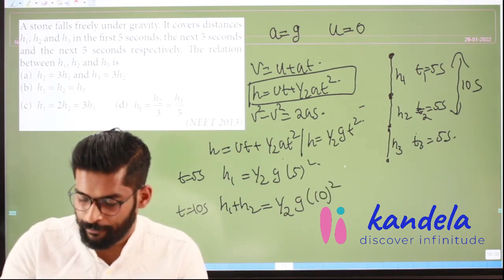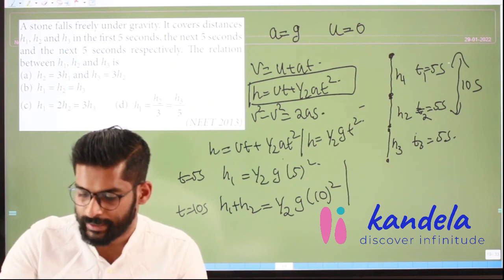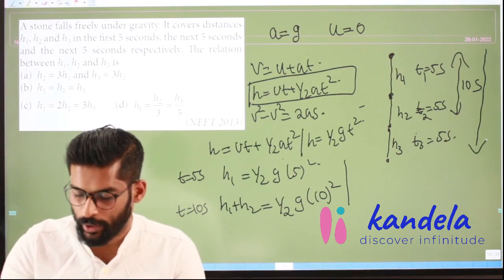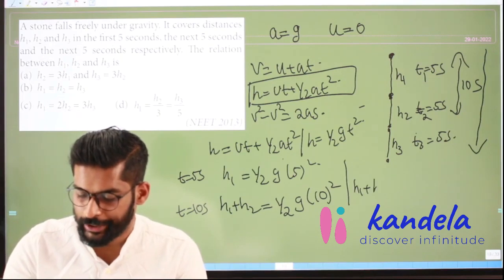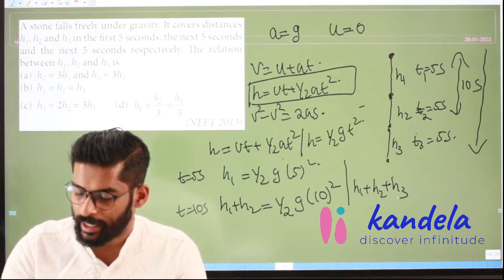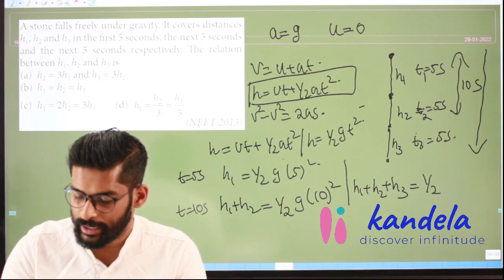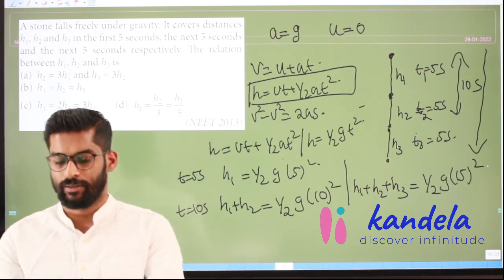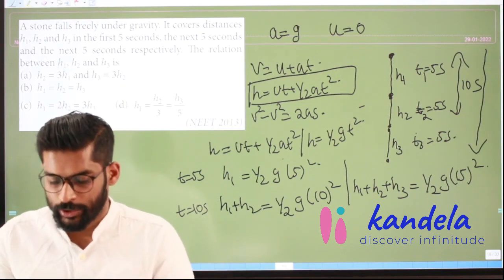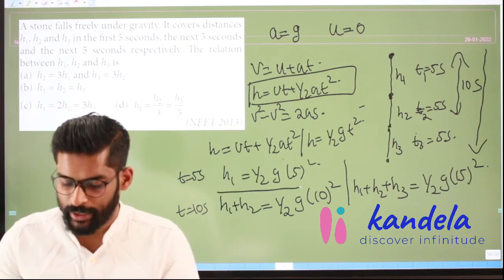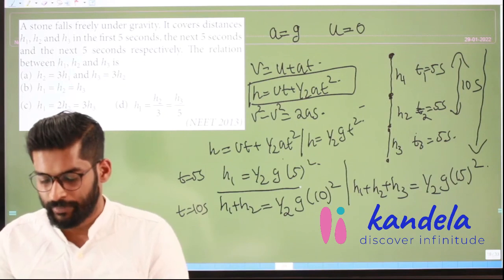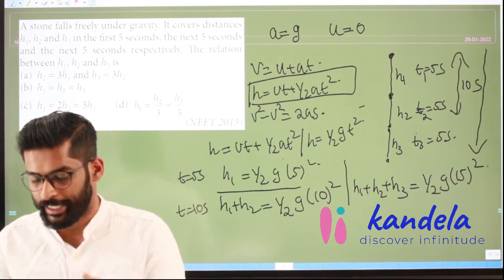And it will take 15 seconds from the starting point to reach the bottom part, so h1 plus h2 plus h3 equals half g into 15 square. Now I know the values of h1, h1 plus h2, and h1 plus h2 plus h3.